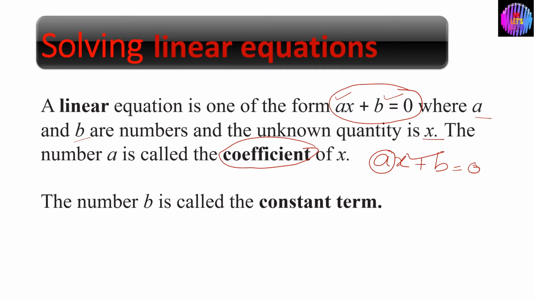We know that x is the unknown quantity. The number b is called the constant term. Okay, we will go to the next slide.